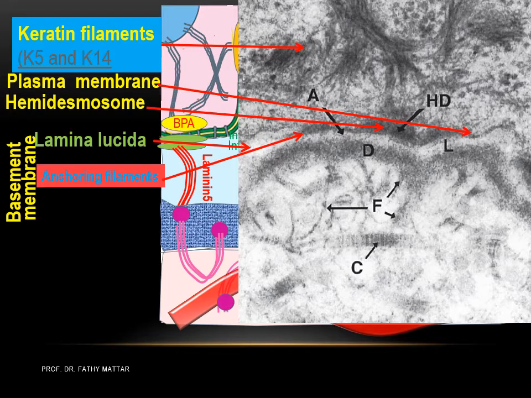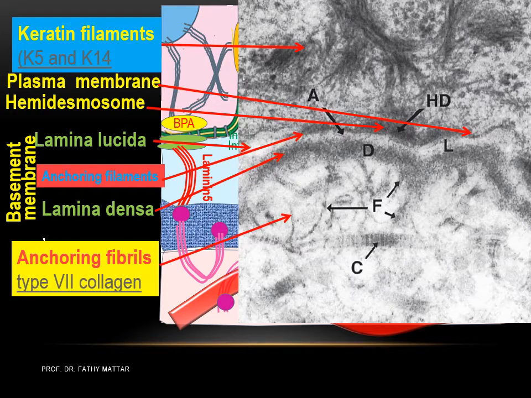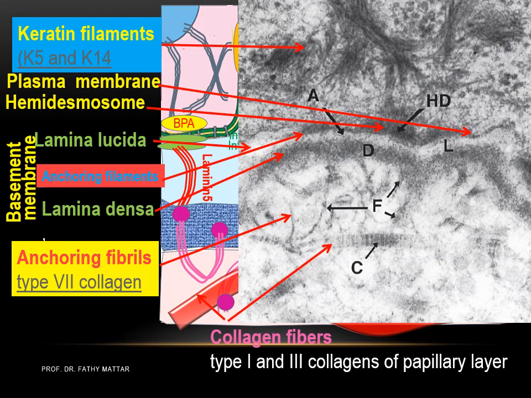The anchoring filaments also connect the lamina lucida to the lamina densa. The lamina densa, in turn, connects by anchoring fibers, which are formed of type 7 collagen, the whole structure to the collagen fibers within the dermis.